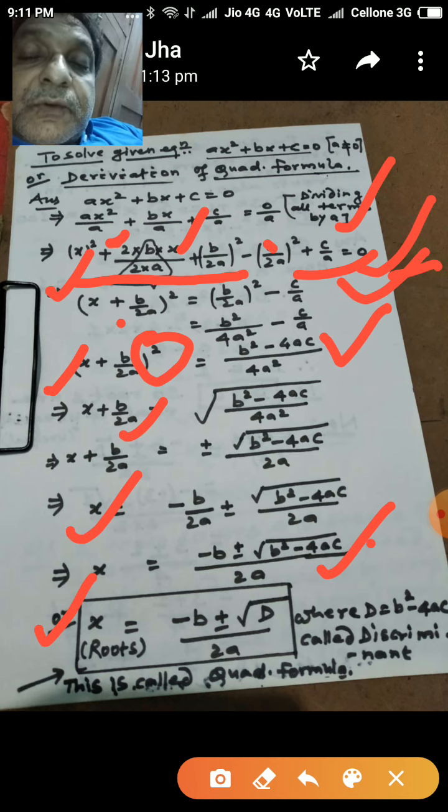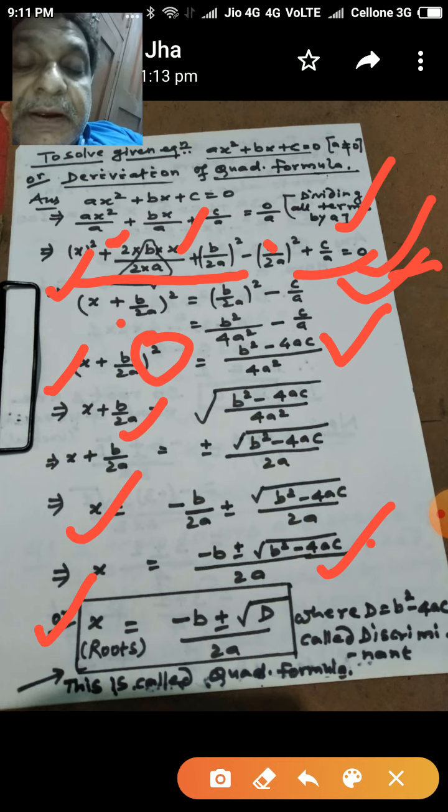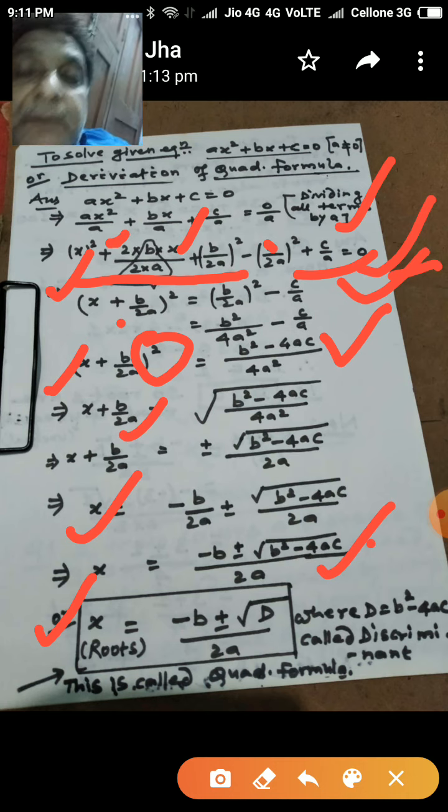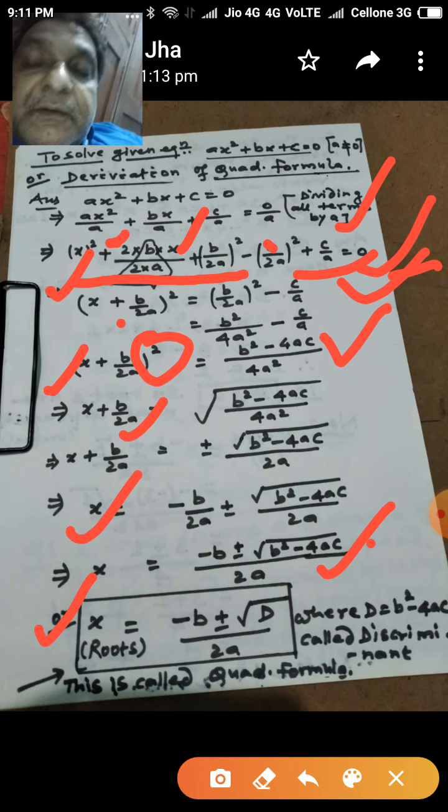So it is called discriminant, meaning deciding factor. In this way we have x equal to minus b plus minus under root d by 2a, where d is equal to b square minus 4ac.